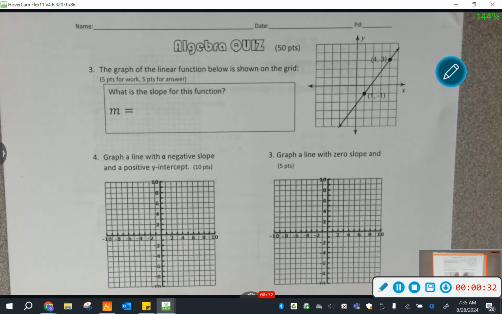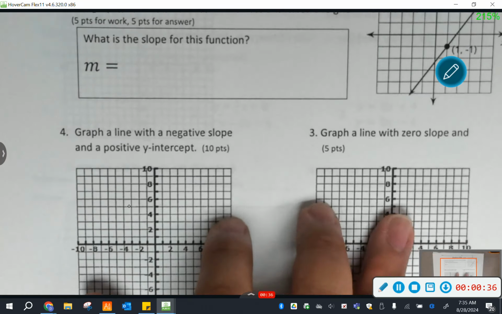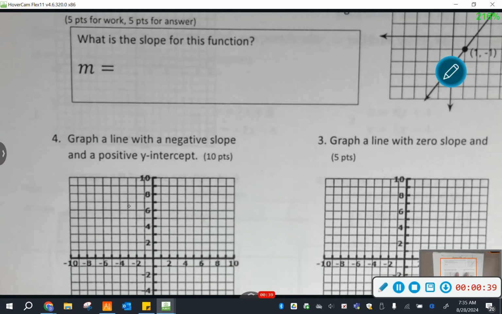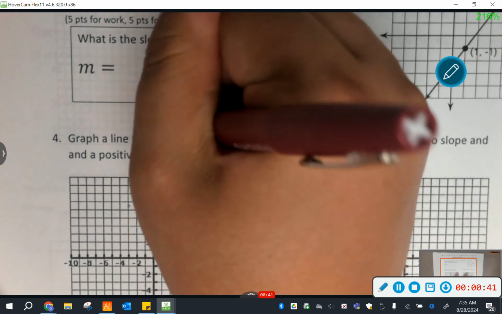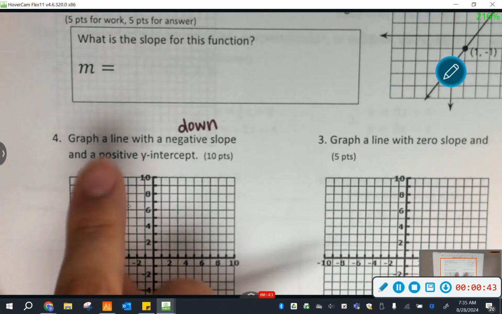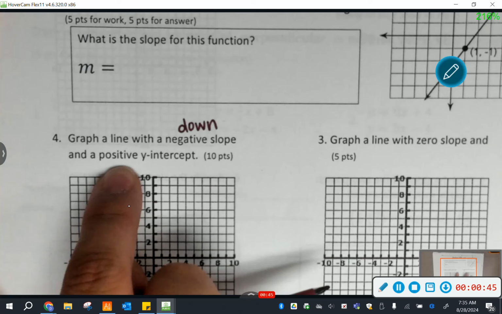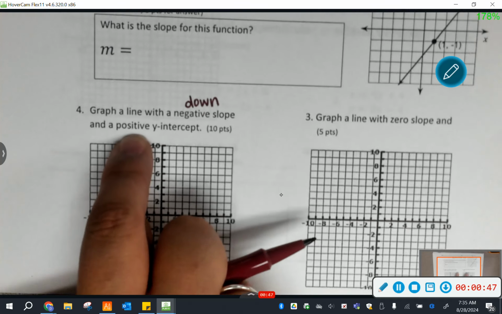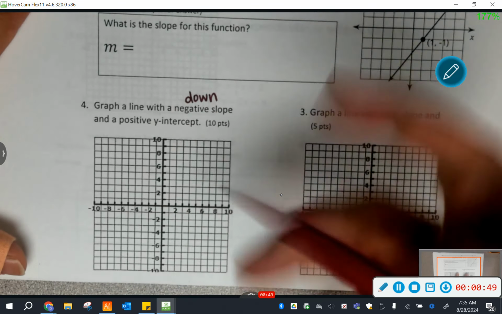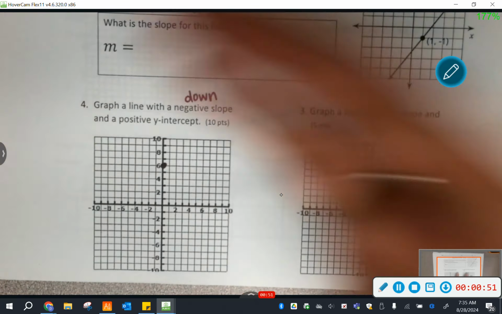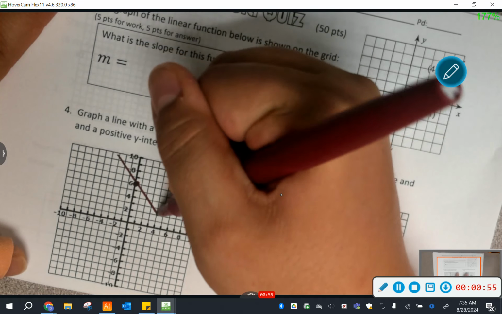For the front, the biggest thing I want to remind you, if it has a negative slope, what is it doing? It's going down, it's decreasing. And if it has a positive y-intercept, where is my positive y? It could have been anywhere up top. So I'm making it 6, it does not matter.